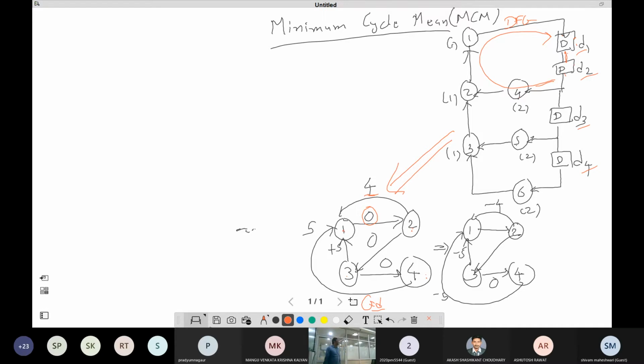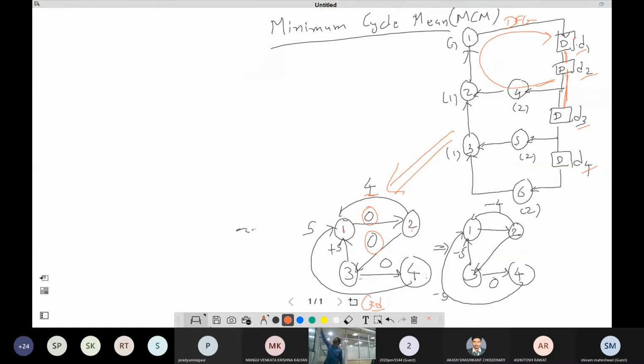Now similarly, this is applicable to all the nodes. So if I talk about, let's say 2, then 2 to 3. So 2 to 3 I can reach, but there is no in-between node. So that's why 2 to 3, but delay is 0. 3 to 4, again 3 to 4, you can go, but the delay or weight associated is 0.